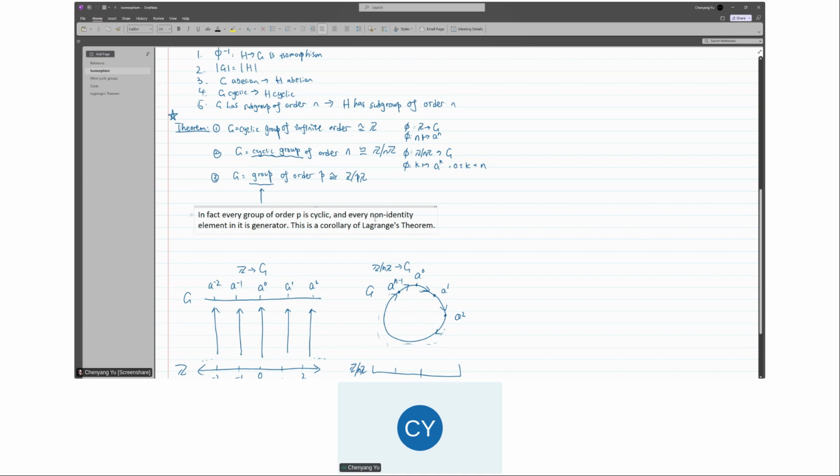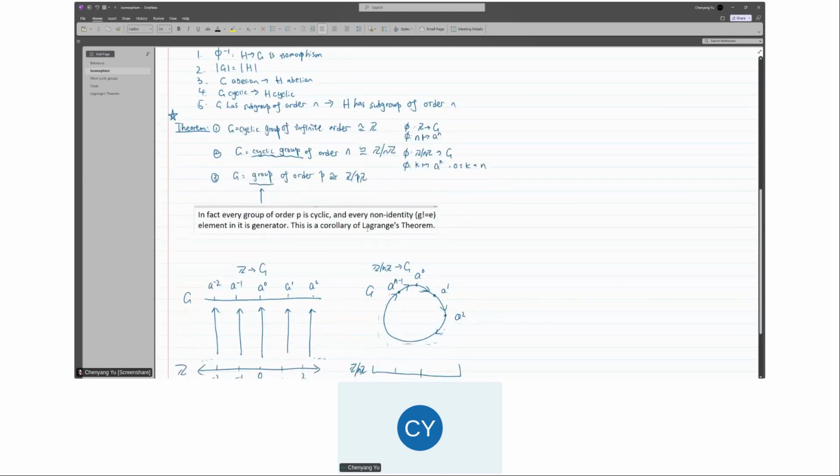And every non-identity element, I mean every g not equal to e, is a generator. So basically, there are p-1 generators. We are not going to talk about this now. We're going to talk about it at the end of this talk.